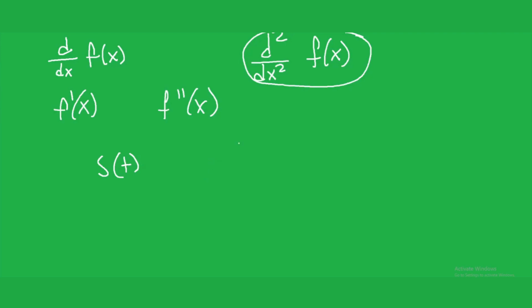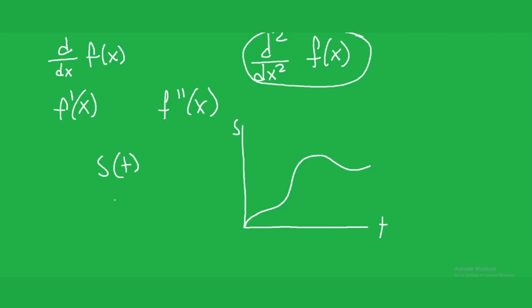Okay. So if I were to make a rather large graph here. Let's say I have some line like this. The x-axis is t, the y-axis is s.